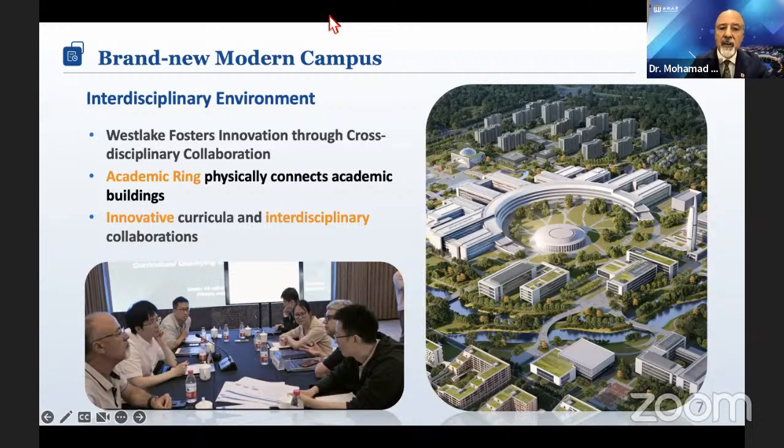This academic ring connects the engineering, science, and life science schools together. It's a kind of innovation in how research is becoming multidisciplinary. We have to collaborate with different disciplines, as you can imagine, from science, physics, chemistry, biology, microbiology, and of course, all kinds of engineering. So this is the purpose here.